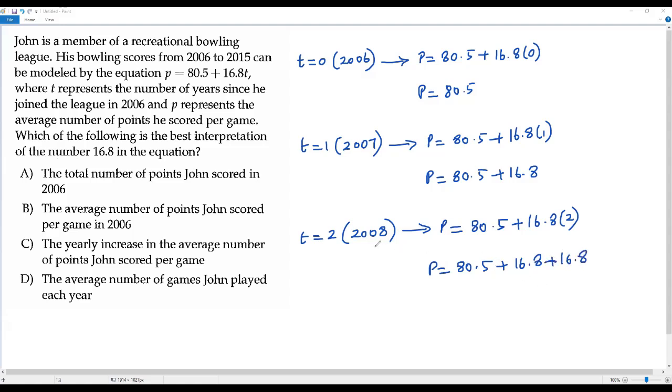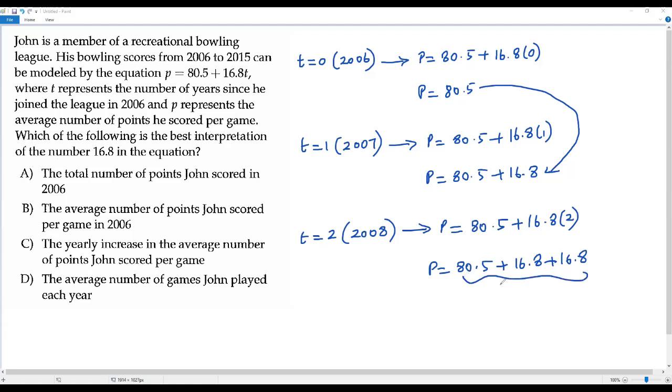Now let's see the pattern. In the beginning year, 2006, the average points scored per game by John is 80.5. After 1 year, in 2007, this 80.5 is increased by 16.8. Now let's go to the year 2008.